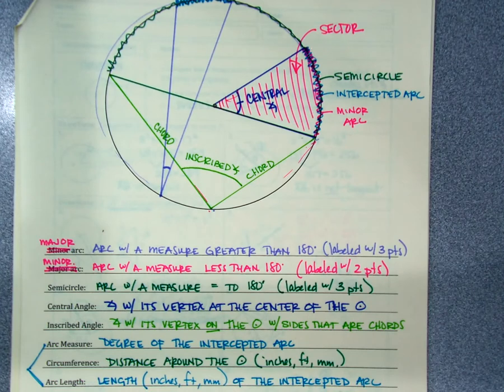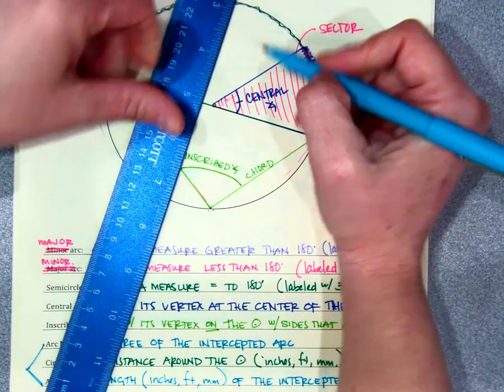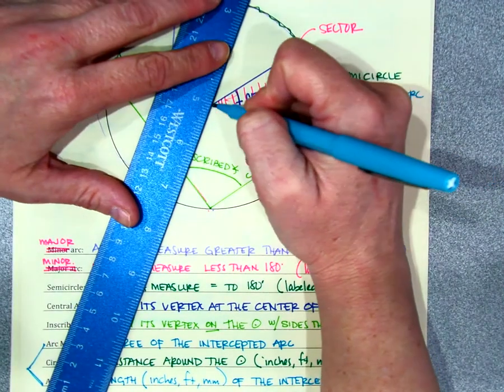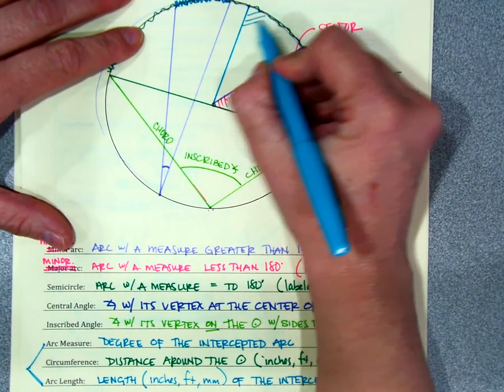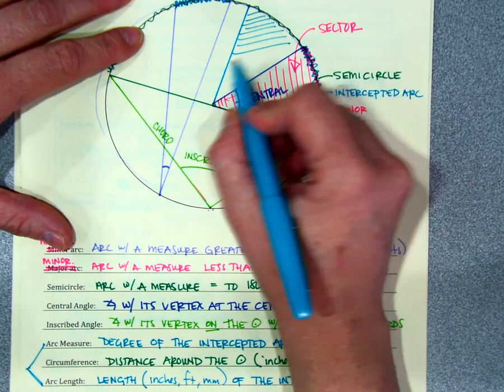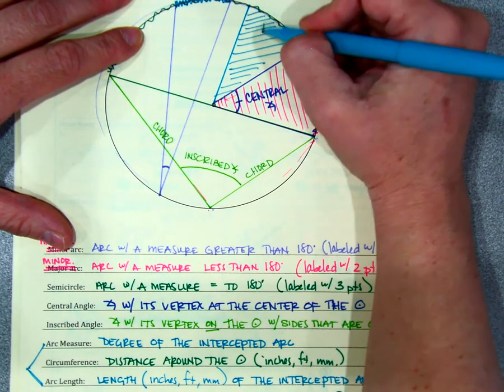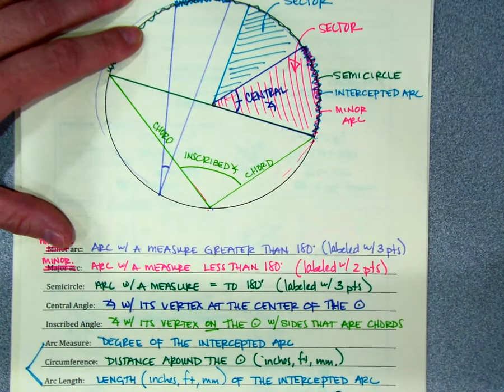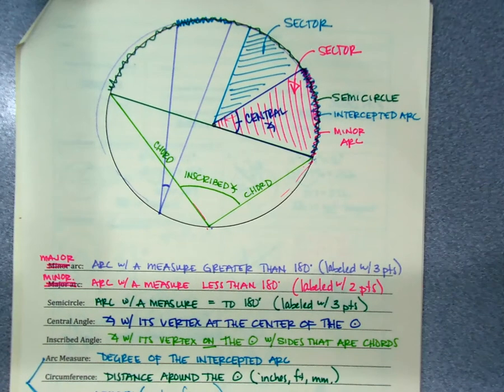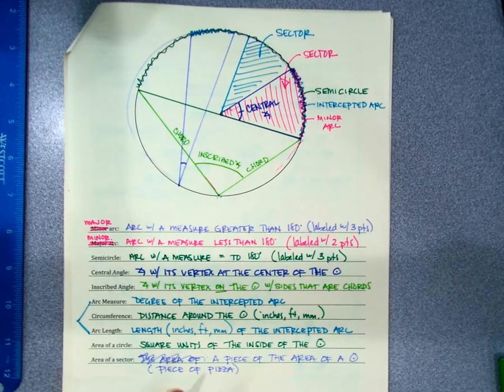But if I were to draw another radius in here, then this could also be a sector. Okay, and we'll break more of these down once we get to those individual pieces.